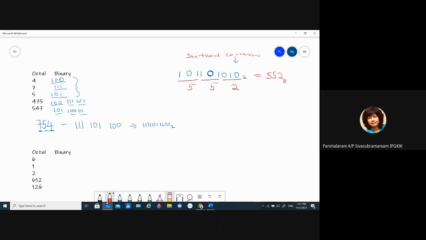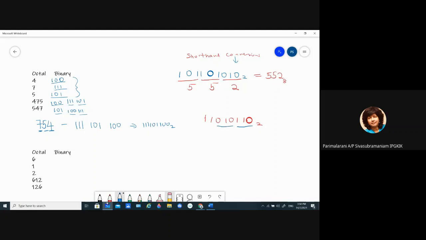Okay, let's try one more. How about this? Anybody can tell me the answer first? Okay, we start from the right. Let's do it together first. So 3 digits, 3 digits.